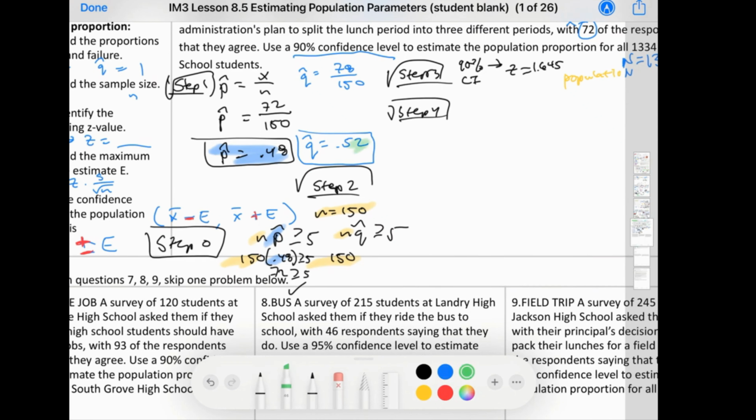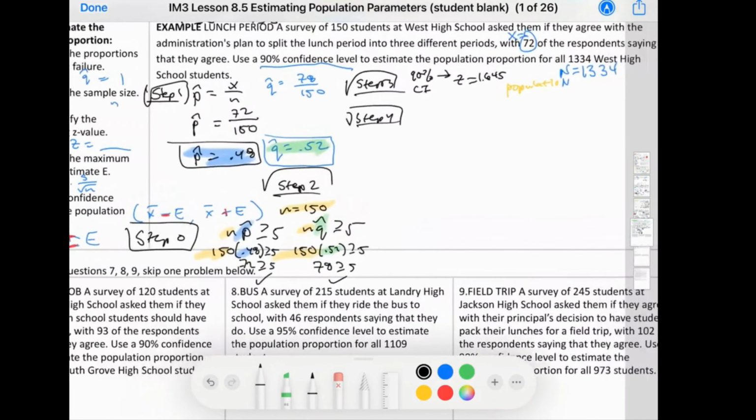Okay, q hat is 0.52. 150 times 0.52 gives me 78. 78 is greater than or equal to 5, and that is also true. So for step 0, we've met these conditions. Step 0 is check conditions.